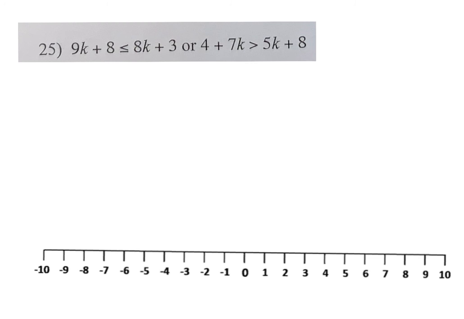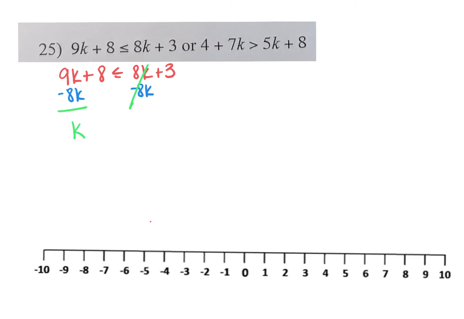So I want all of my k's on one side and all of my numbers on the other. So if I start with this one, then I am going to move my k's to one side. Just going to cancel on that side.